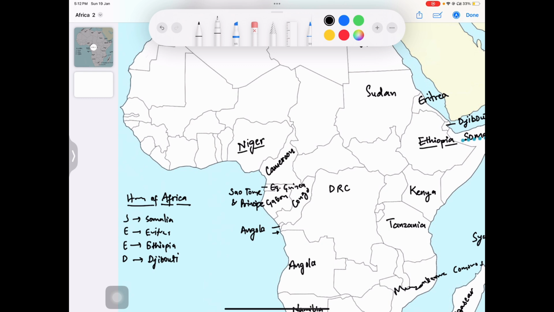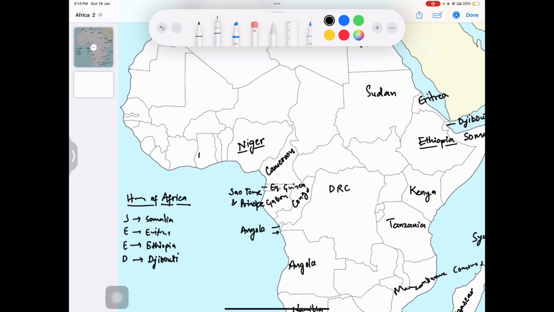There is a slight possibility that it might be Nigeria. Actually, of these two countries, one of them is Niger and one of them is Nigeria. At this point, I'm confused. Major chances are that this is Niger, but I cannot be 100% certain. There is a scope of doubt. So I might clarify it later.